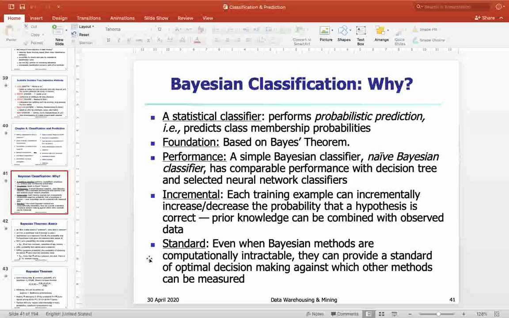This classification is based on the Bayes theorem, right? And this classifier works well compared with the decision tree algorithm. It works more efficiently than the decision tree algorithm when you apply the classifier to a large database, right?